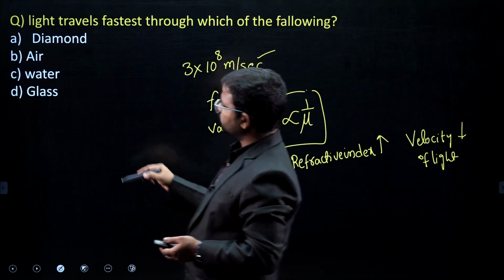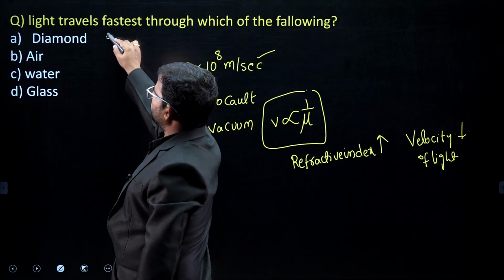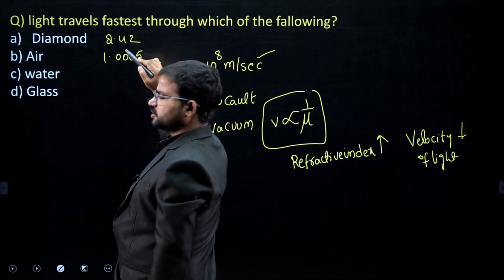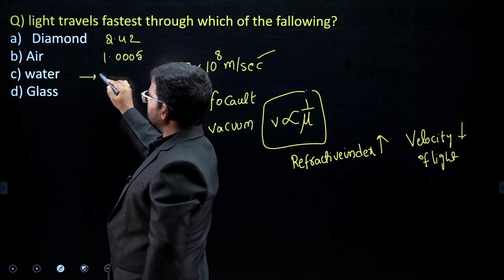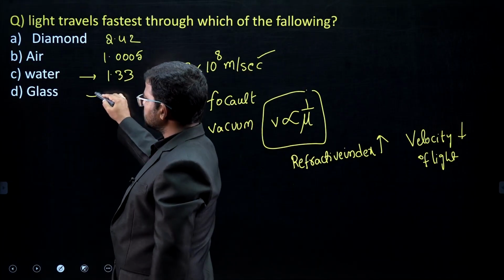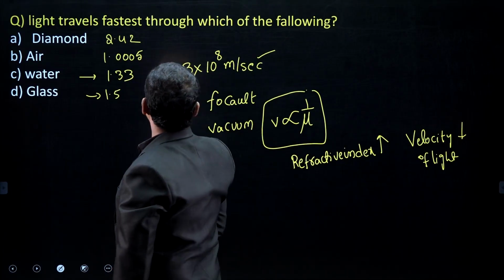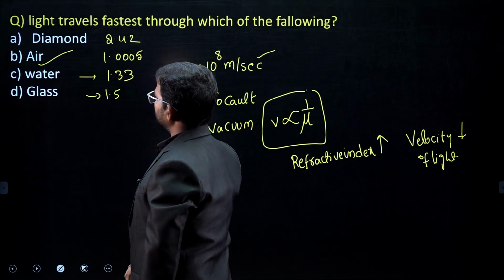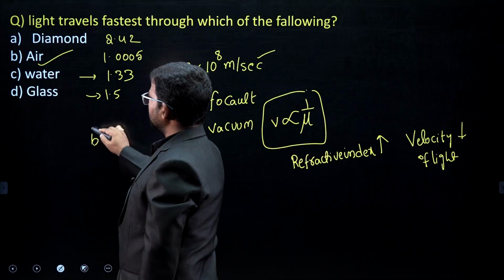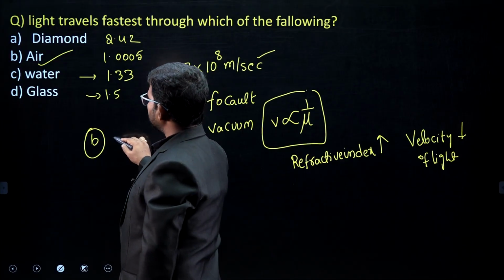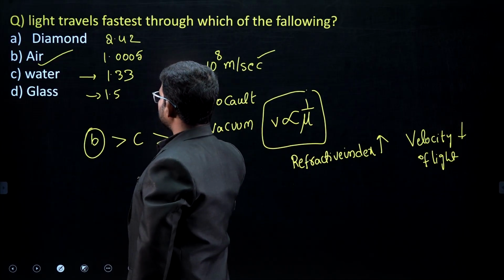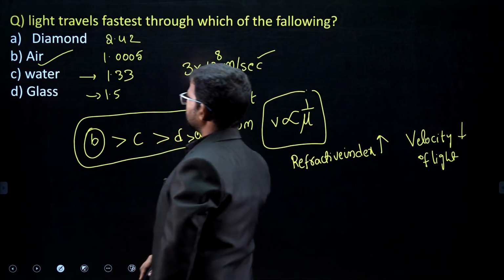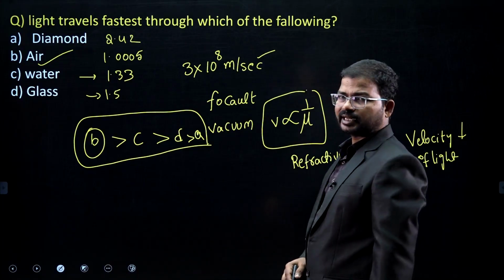Here if you consider diamond, its refractive index value is 2.42, air 1.005. It does not have any units. Next water 1.33, glass 1.5. So that's why here the fastest one is option B only. If you consider the order, air followed by water, next glass, next diamond. So velocity of light mostly reduces, especially in diamonds.